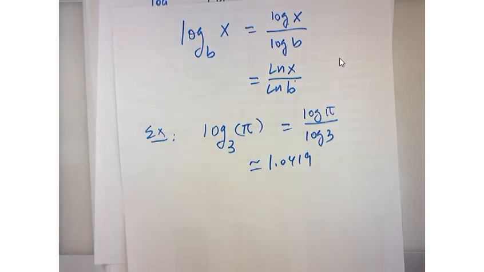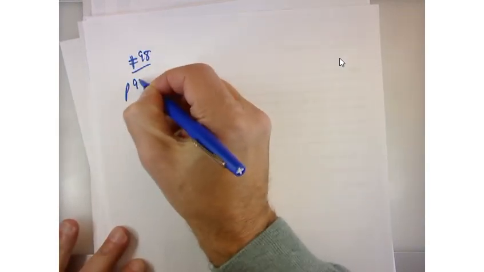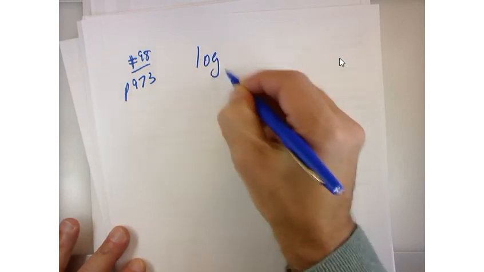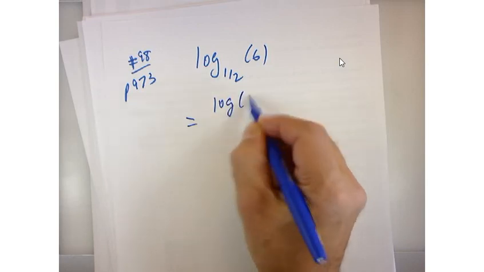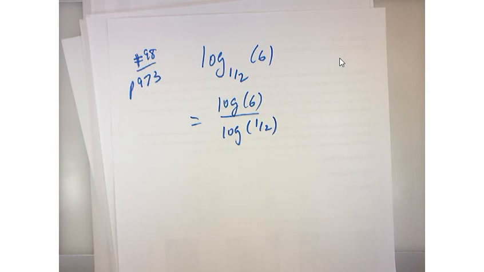So number 98, page 973. How do we evaluate log base 1/2 of 6 to 4 decimal places? Again, you can do log of 6 over log of 1/2.